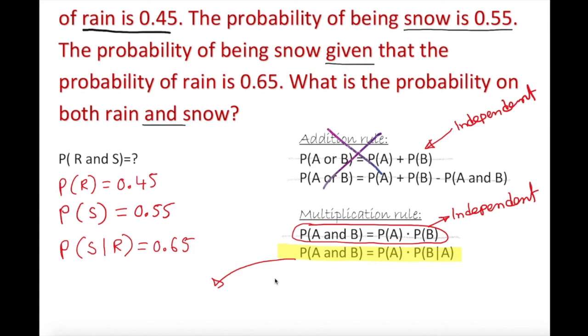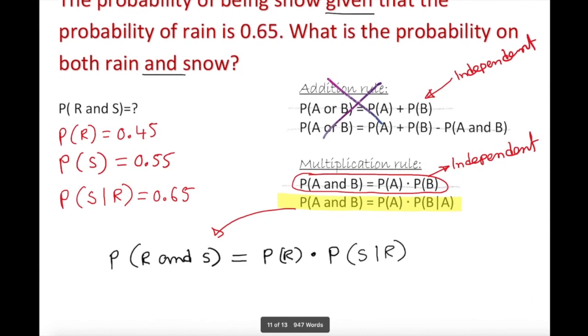So plug it in. The probability of rain and snow is equal to the probability of rain times the probability of snow given rain.